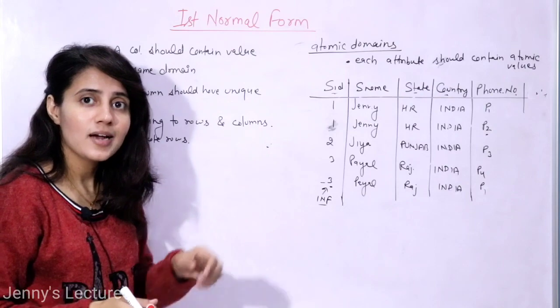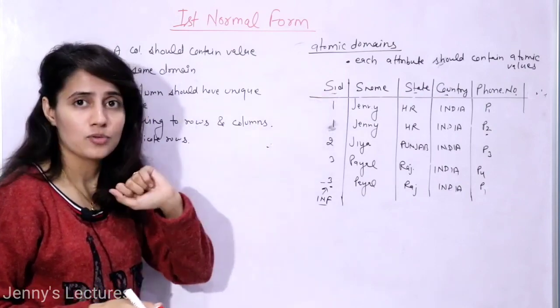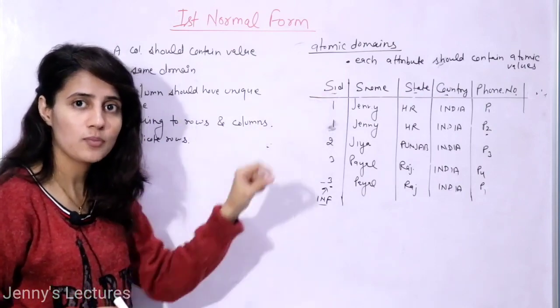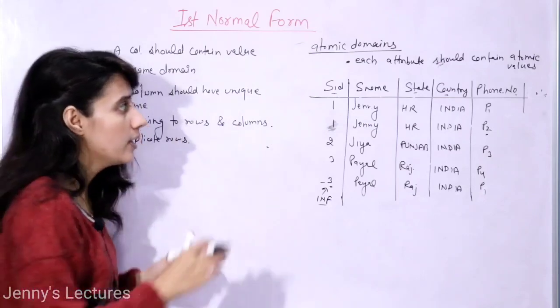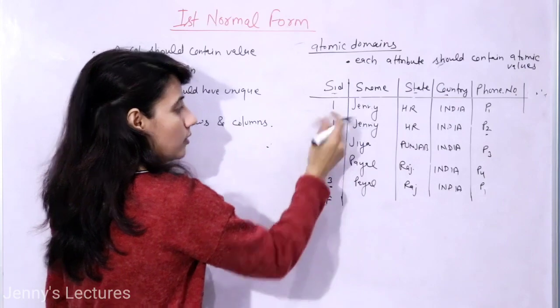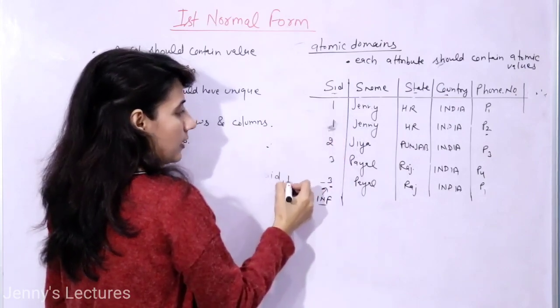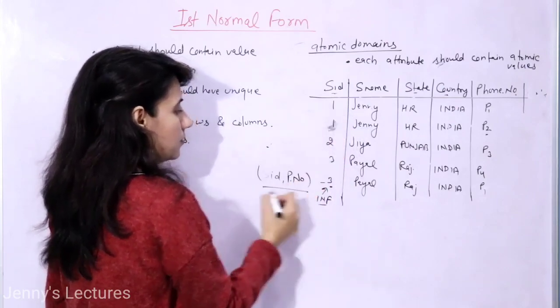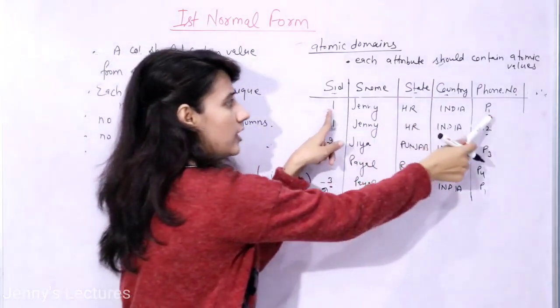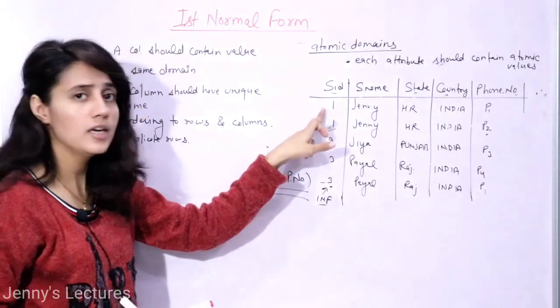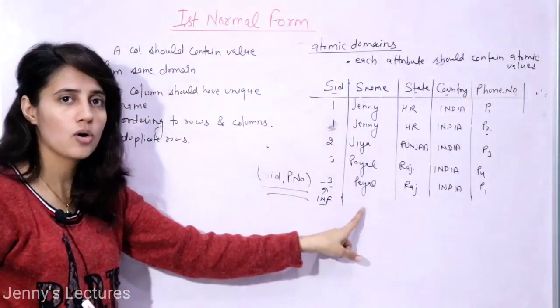It is not compulsory that a primary key will contain only a single attribute. We have already discussed all the types of keys in detail, right? You can check out that video in the I button. So now here we can consider both SID and phone number as a primary key, right? Because as you can see, if you combine both SID and phone number, that will definitely uniquely identify each record in this table.